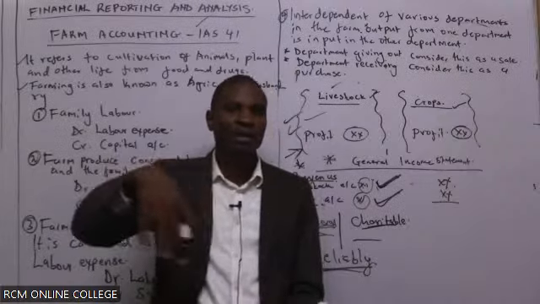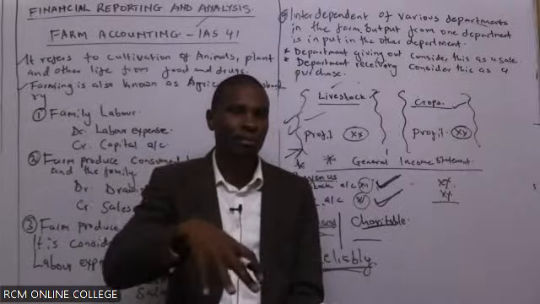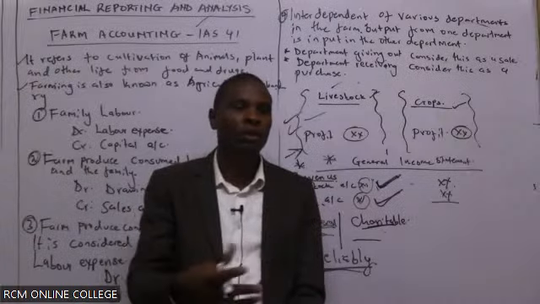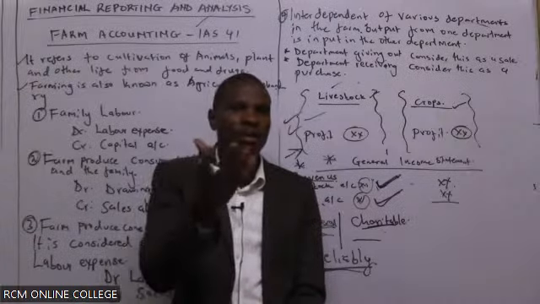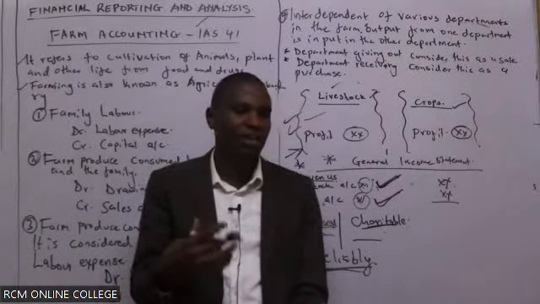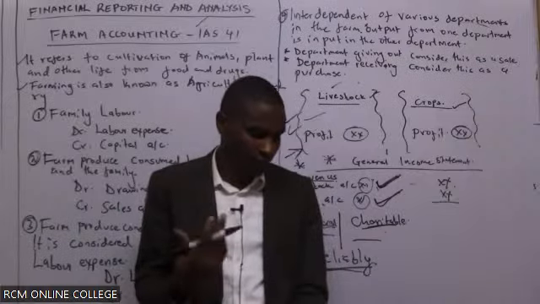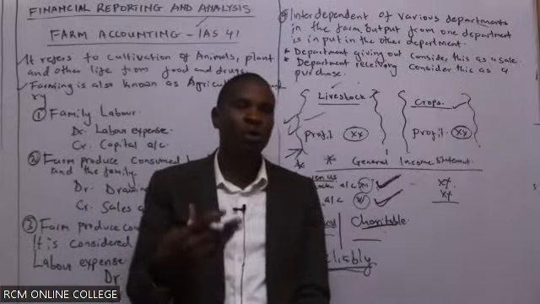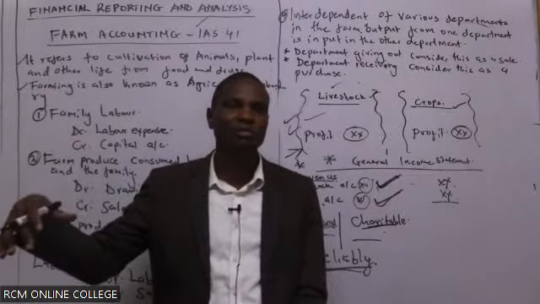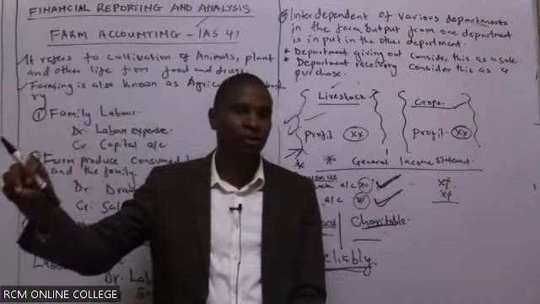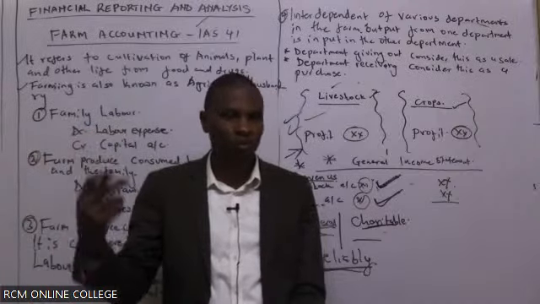So if we have capital in our information, it is going to increase by this value of the labor provided by the owner or other family member. So capital item inapatikana kwa statement of financial position. That means that item will be taken to the capital in the statement of financial position.